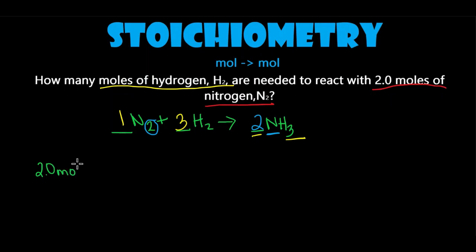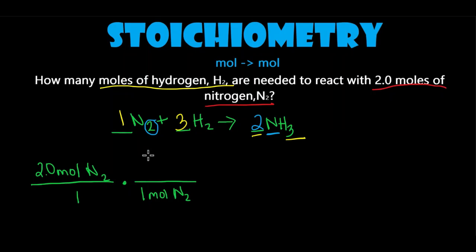And referencing back to the pathway, we will be needing the mole ratio of the two chemicals, which will be for every 1 mole of N2, there is 3 moles of H2.